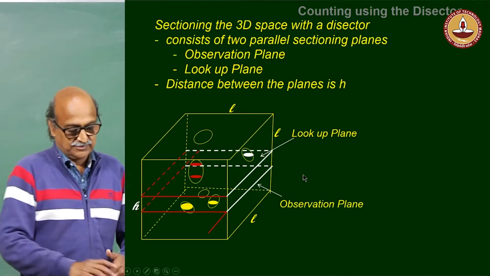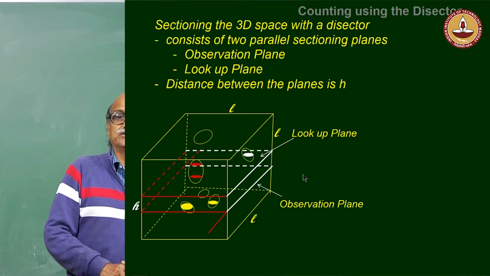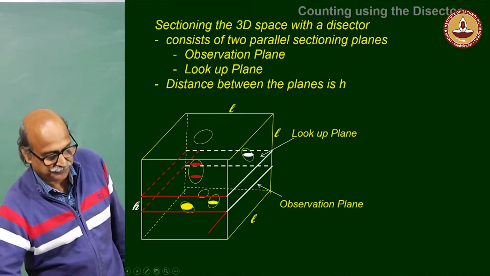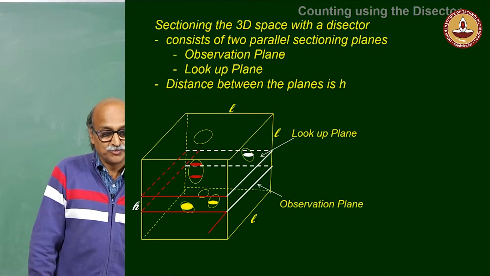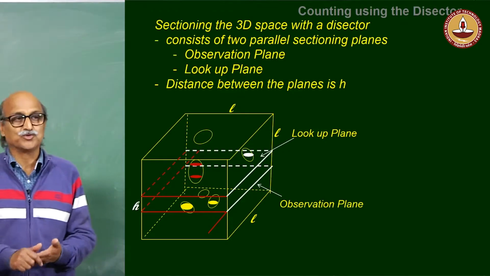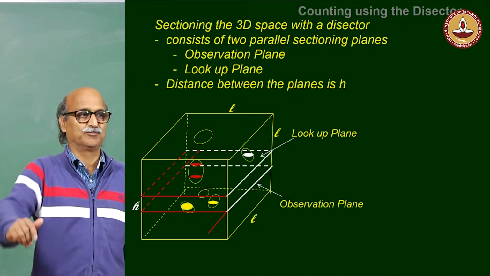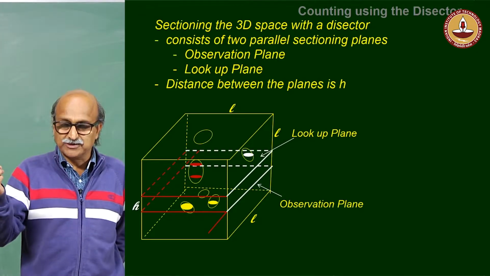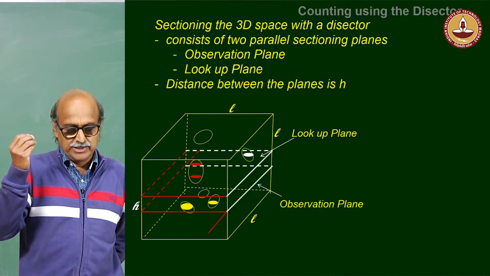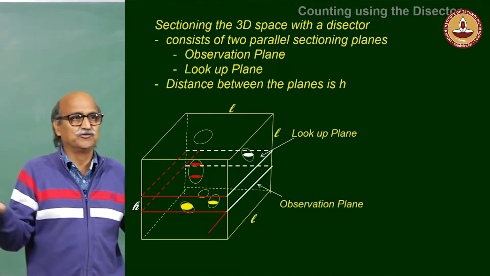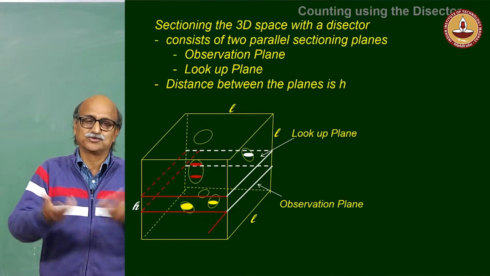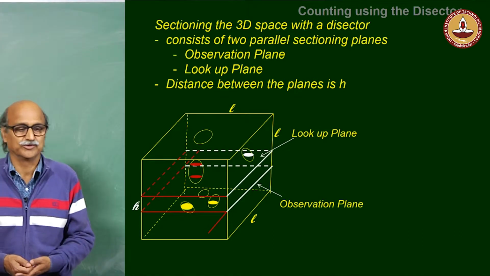The other thing is, we must also know the distance h between these 2 planes, which means in a sense we must know how much material we have removed after polishing. Now, the amount of material that we will typically be removing will be very small, because if you are dealing with particles of just a few microns, you will remove only a couple of microns, not more than that.